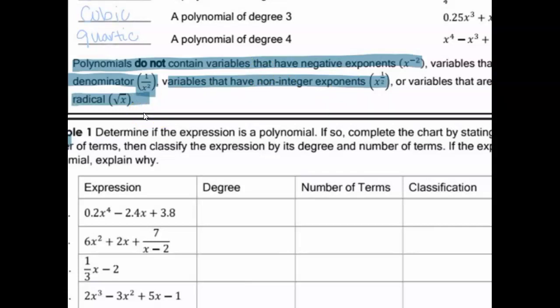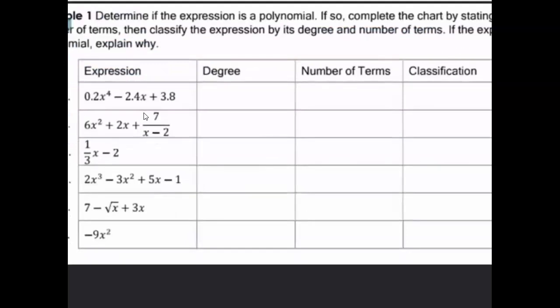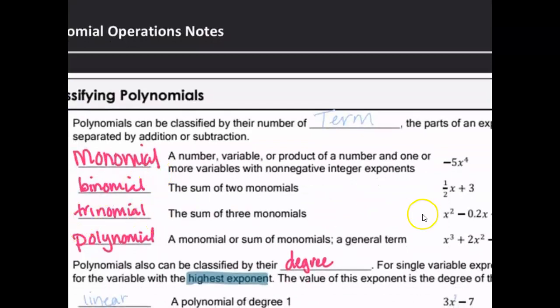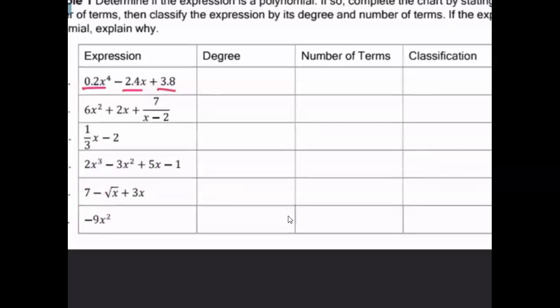So we can go from here. What we need to do next is classify these based on their degree and the amount of terms. Starting off, I can see that this one has 1, 2, 3 terms, so it's going to be a trinomial because it has 3 terms. My degree, my largest exponent, is 4, so it has a degree of 4.